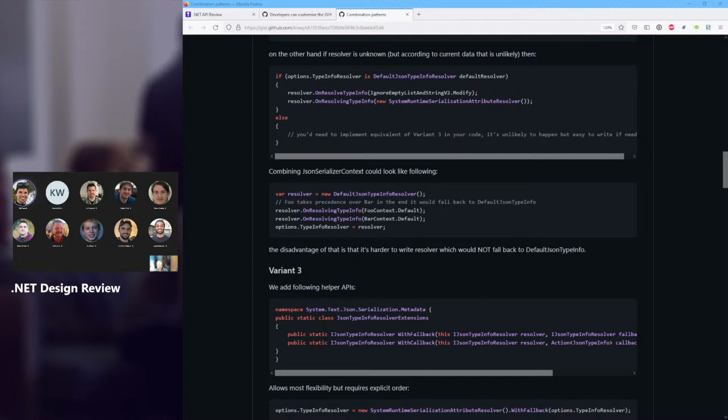If anything, because every single custom resolver in Newtonsoft land, every single Stack Overflow post about how to do things, basically involves inheriting the default and making mutations to the underlying result. So I think there's value in making migration straightforward here.